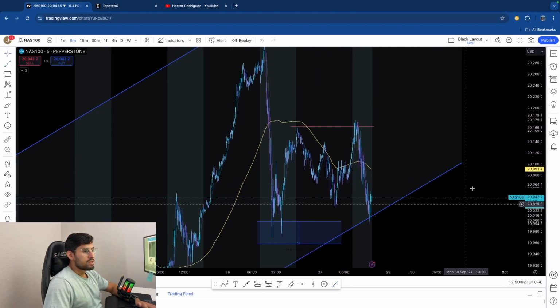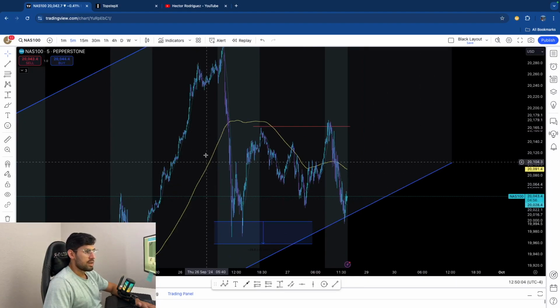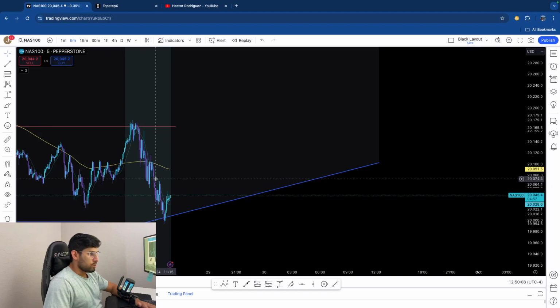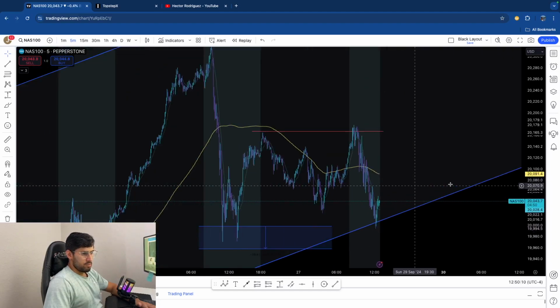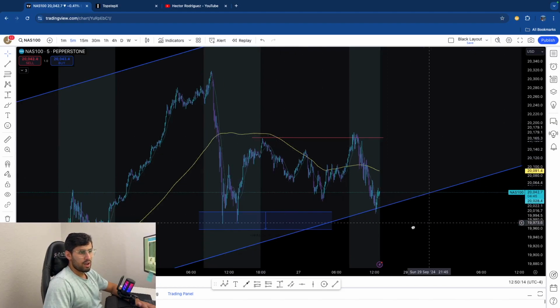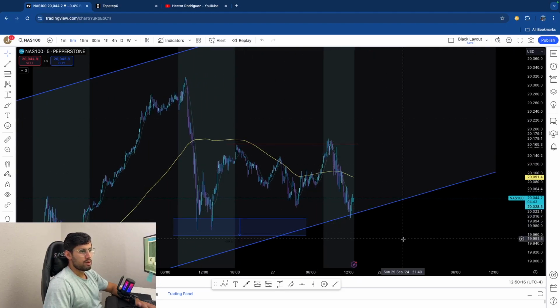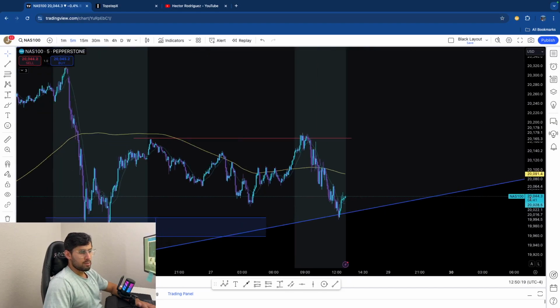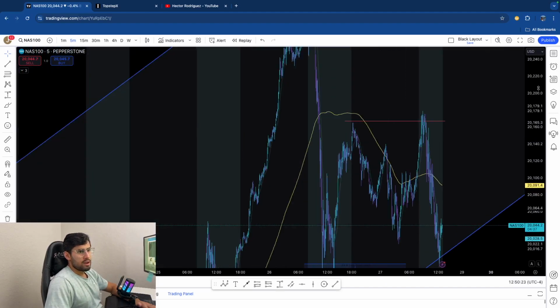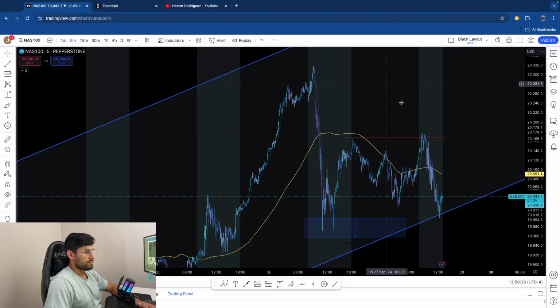Ideally, I want to see the moving averages. This yellow line, and you can't see it very clearly, but this little light blue line right here is the 13 MA, and the thicker yellow line is the 200 MA. Ideally, I want price to be moving away from it, and we did trade away from that price, but to give us confirmation that price is really about to run up, it never came and took these swing highs up here.